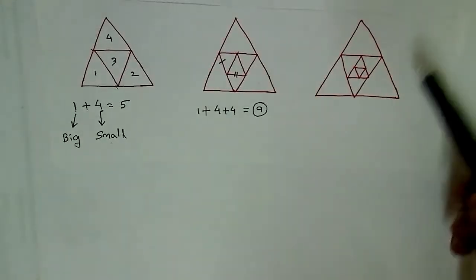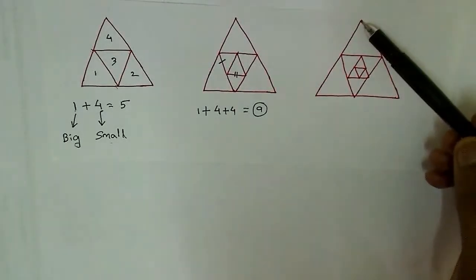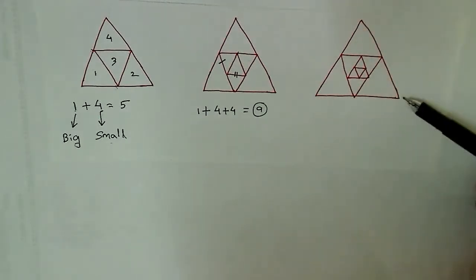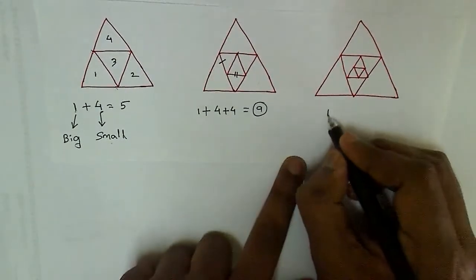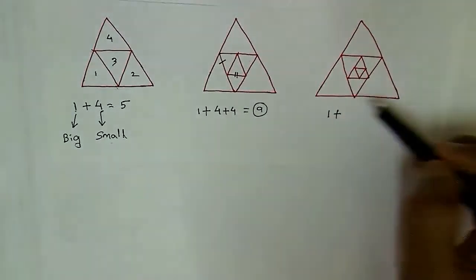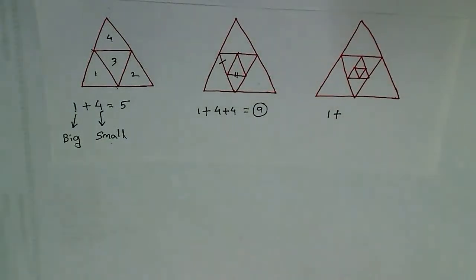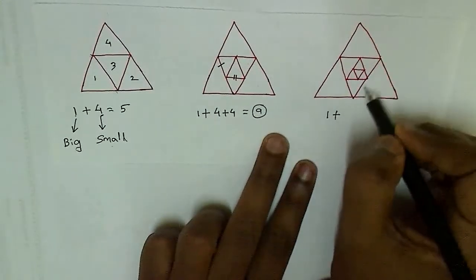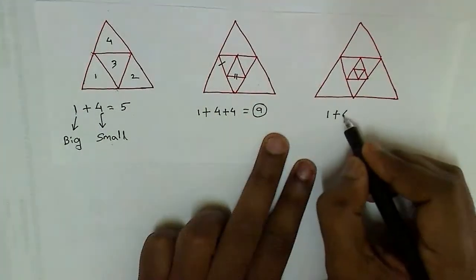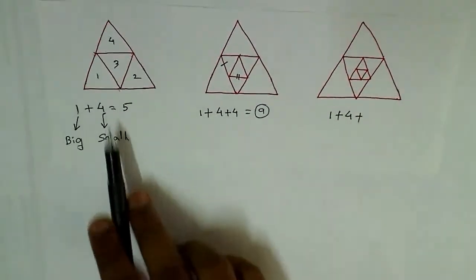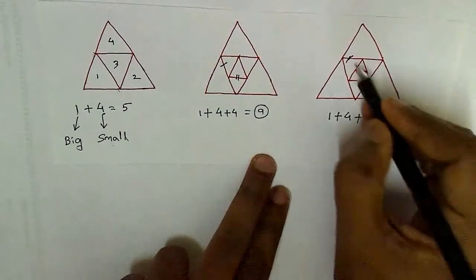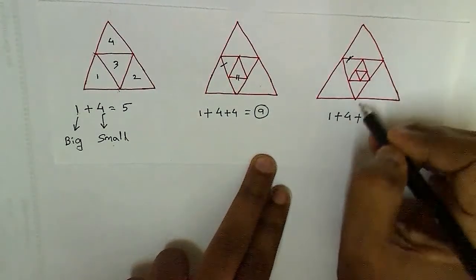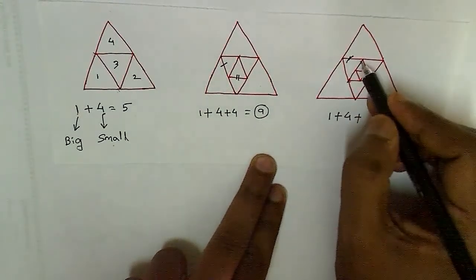Now come to this one. Here, how many big triangles are there? This is one big triangle. So we'll write it as 1 plus. Inside the big triangle, how many small triangles are there? You can see this is one triangle. So we'll add 4 because for small triangle we are adding 4. And inside this triangle, here you can see this is one more triangle.